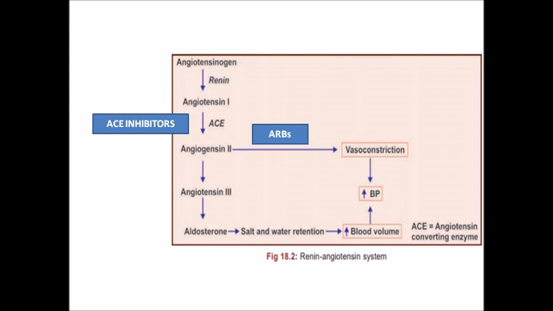Next is ARBs or angiotensin receptor blockers. So even though angiotensin 2 is formed, it has to act on its receptor to bring about the effect of vasoconstriction. So if the receptor is blocked, again there is no increase in BP, so they can be used as antihypertensives. Angiotensin 2 receptor blockers are the sartan group of drugs like losartan, candesartan.